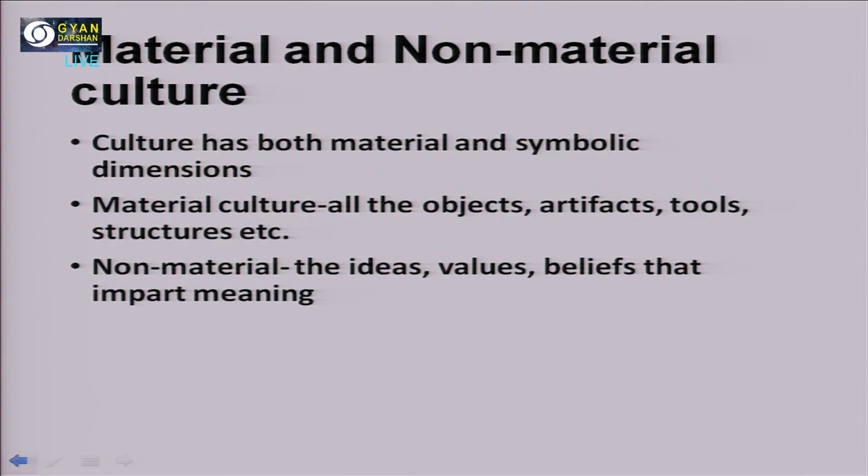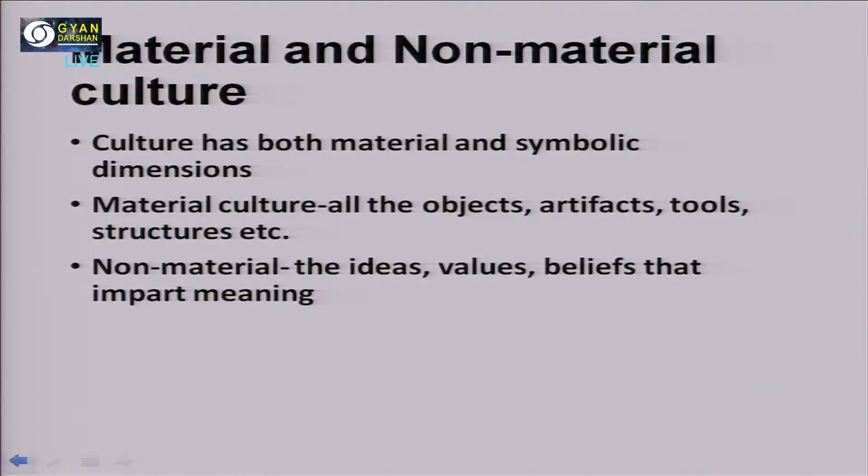So this could include weapons, kitchen utensils, dresses, food, etc. All that is material in nature. There is also a non-material aspect of culture, namely the ideas, values, and beliefs that impart meaning. Even though we do make the analytical distinction, it is actually very difficult to really tell them apart.